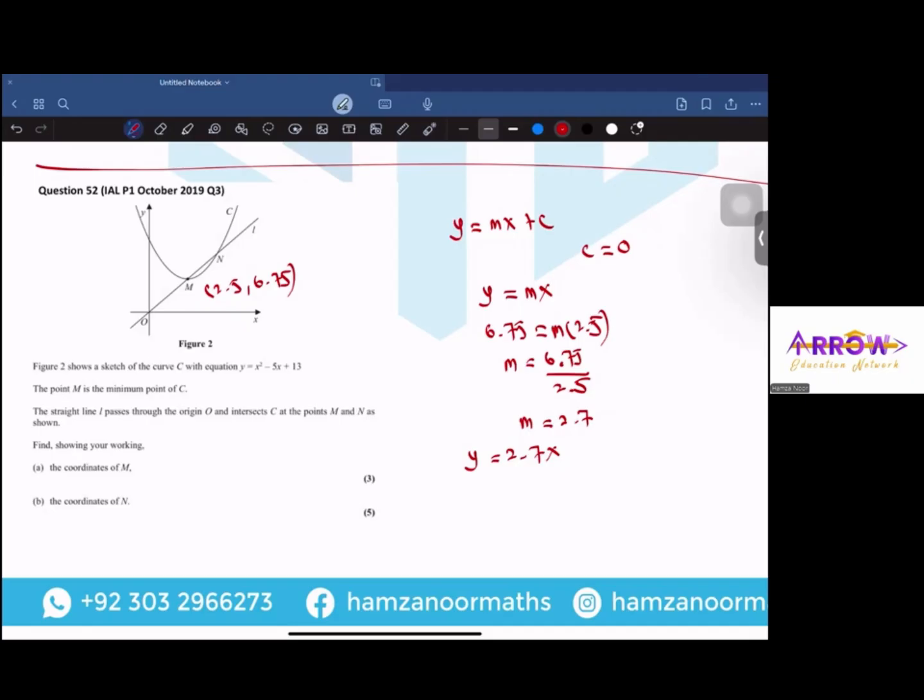So I'm going to say that x squared minus 5x plus 13 is equated with 2.7x. So x squared minus 5x minus 2.7x plus 13 is equal to 0. So x squared, minus 5 minus 2.7 is minus 7.7, so minus 7.7x plus 13, and this whole thing is equal to 0.